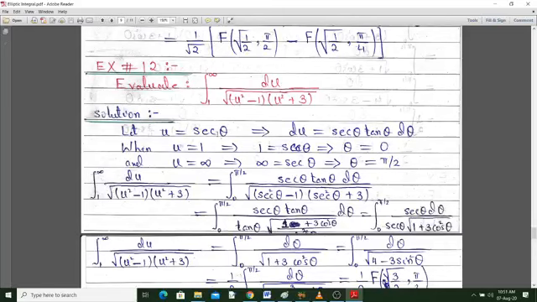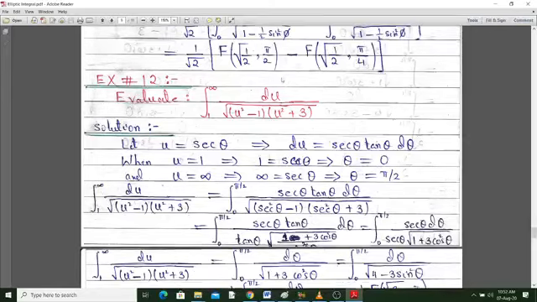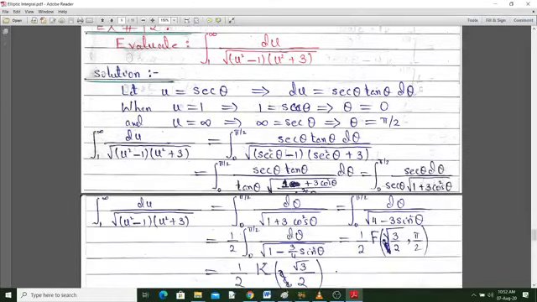So u is equal to secant theta means du is equal to secant theta tan theta d theta, and when u is equal to 1, secant theta is equal to 1, meaning theta is equal to 0, and when u is equal to infinity, secant theta is equal to infinity, and this means theta is equal to pi by 2. So we put this transformation into the given integral, and we get this expression that you see here.